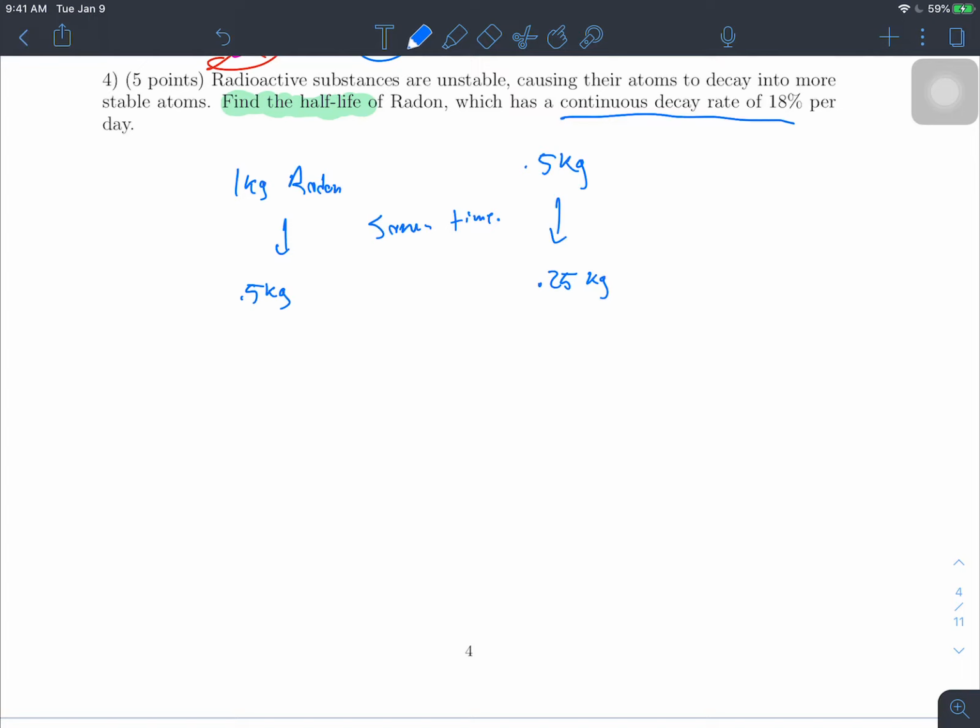Since it's continuous decay, we should use the equation P of t is equal to P naught, that's our original amount, times e to the, now I need to consider this rate here, it's a decay of 18%, and it's a continuous decay, which means that we should use the E model, and we should have k equal to negative 0.18. So negative 0.18 t.